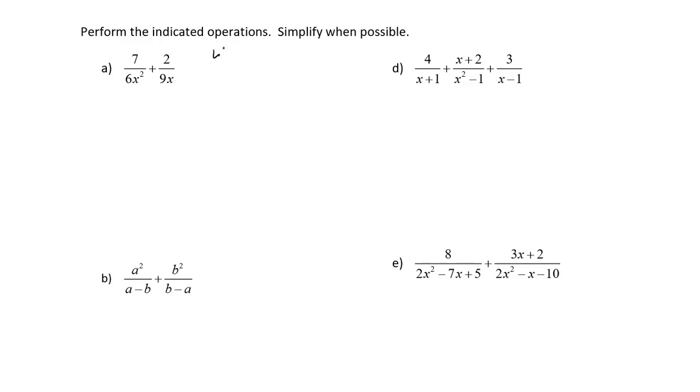This first one is 7 over 6x squared plus 2 over 9x. We need to find an LCD, which will be 3 times 3 times 2 times x x, meaning we need to build up the first fraction so that it has another 3, and the second fraction needs to be built up so that it has an x squared and a 2.